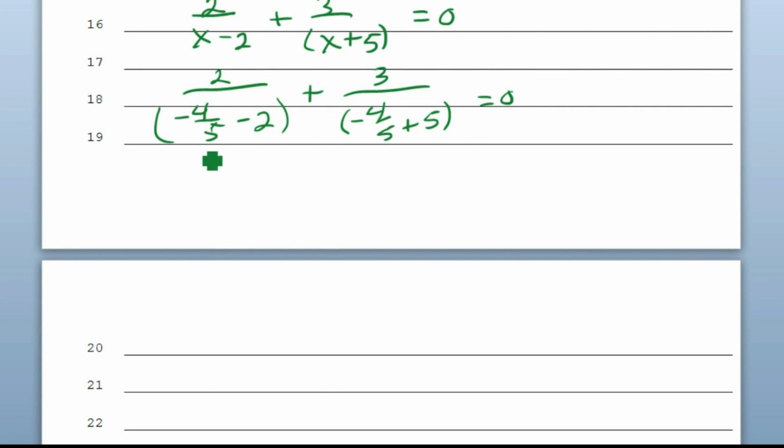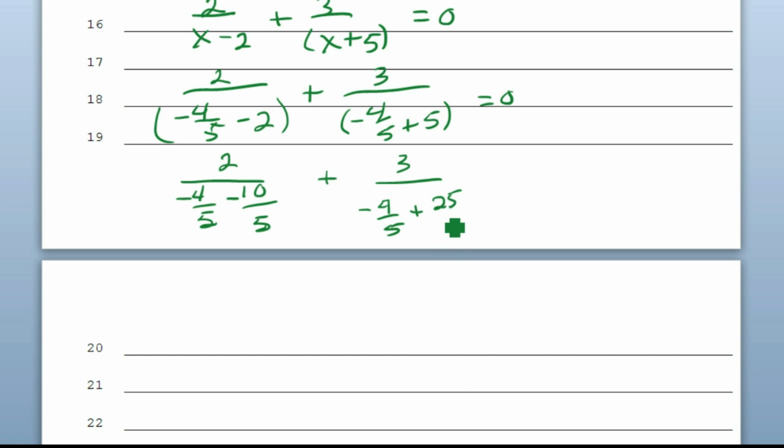Make the denominators one fraction, so you'll have 2 over minus 4 fifths, and this is minus 10 fifths, plus 3 over minus 4 fifths, and this would be plus 25 fifths equals 0.